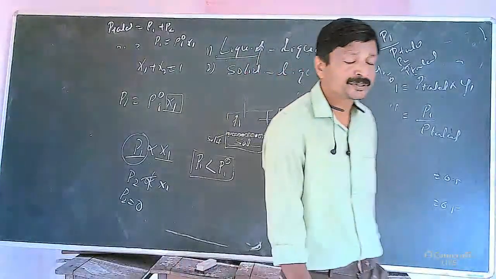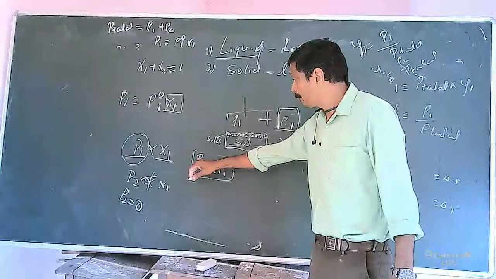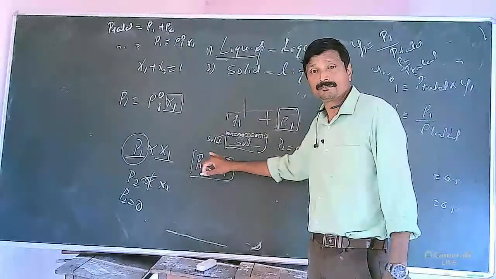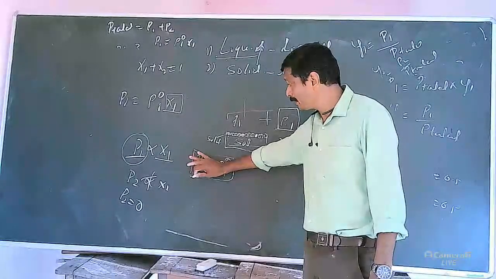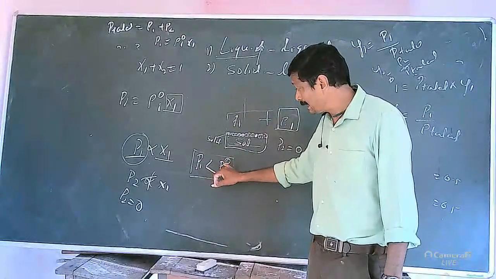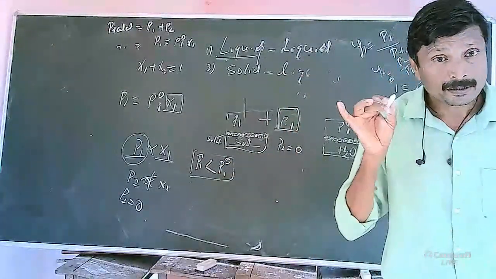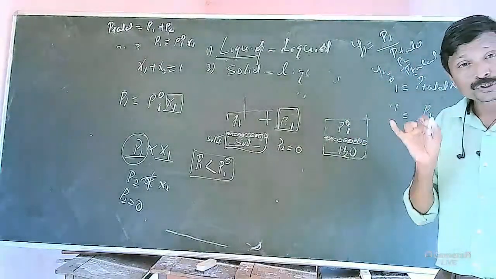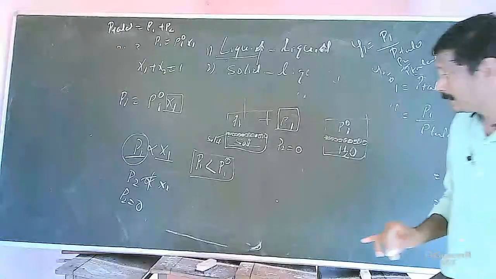Later you are going to study colligative properties, and for the cause of colligative properties, this is the criterion. Why does the solution show colligative properties? Because of this reason: P1 is less than P01. For what type of solution are we discussing this? The solution of solid in liquid, where P2 is equal to 0.